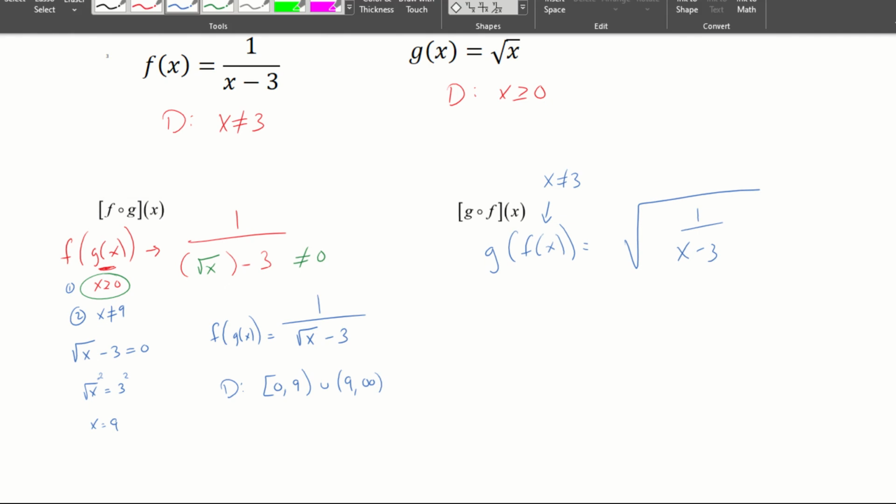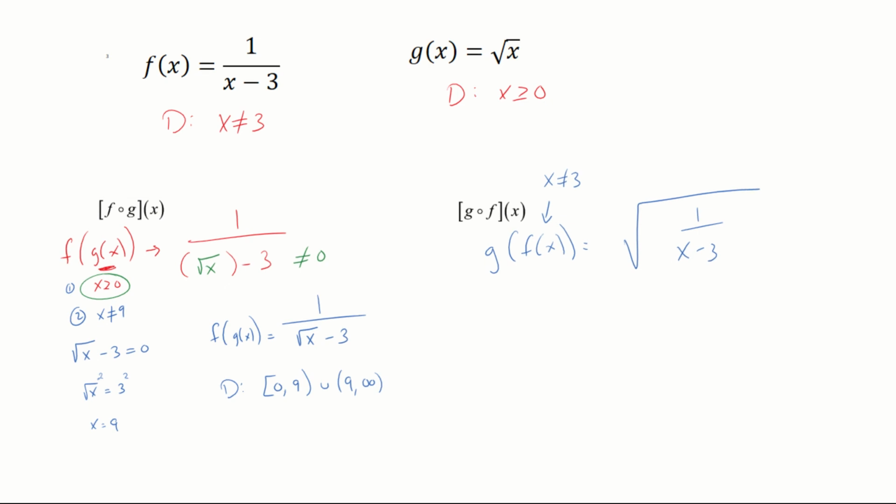Now we have to create this new domain restriction along with this, right? We have a square root, so the stuff inside has to be greater than or equal to 0. But since there's only one x value and it's in the denominator, we can't be 0, so we have to be strictly greater than 0.